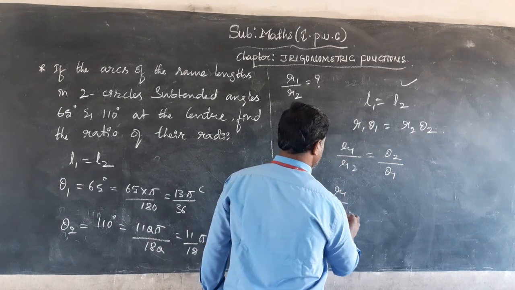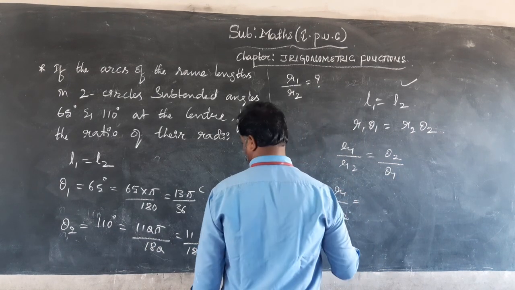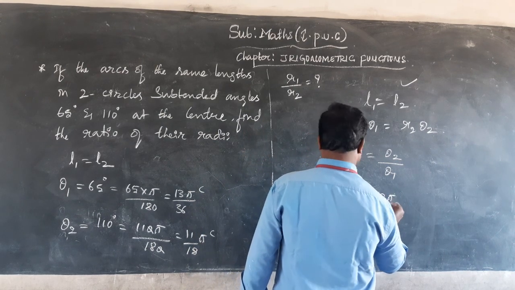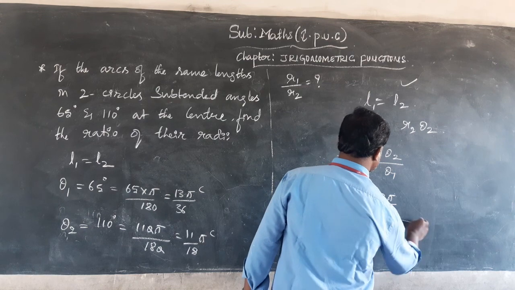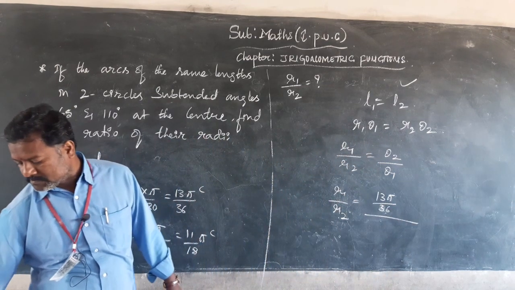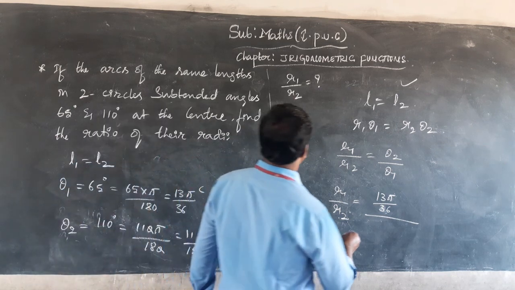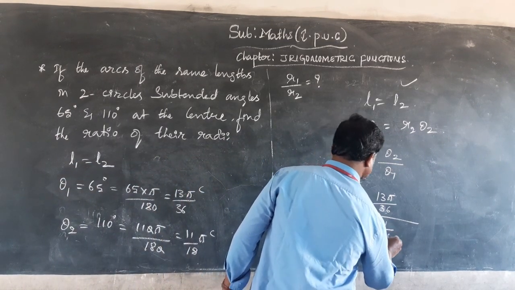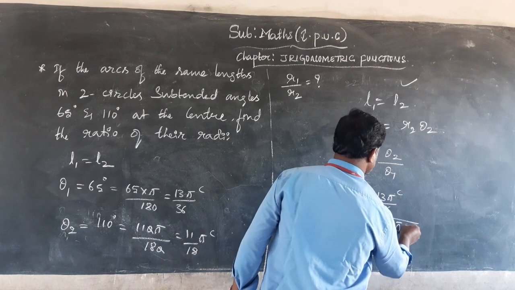R1 by R2 equals the value of theta 1, 13 pi by 36, whole divided by the value of theta 2, 11 by 18 pi radian.